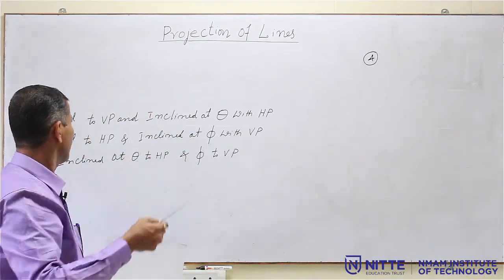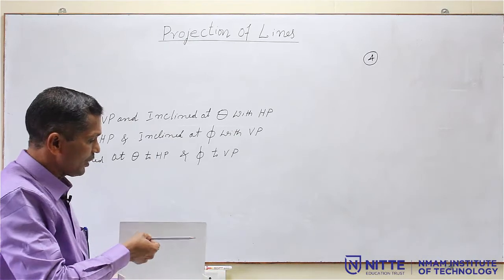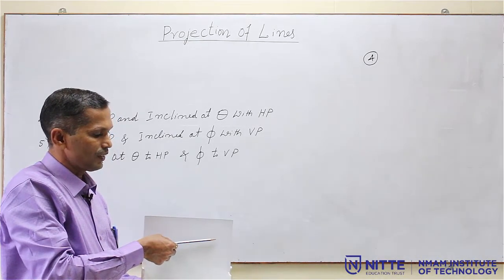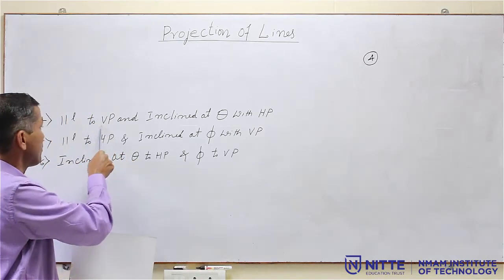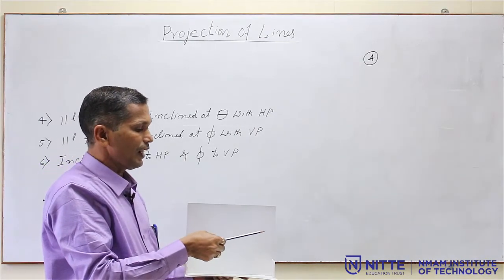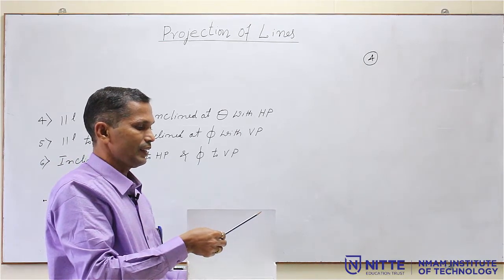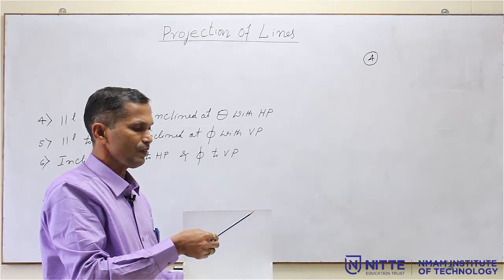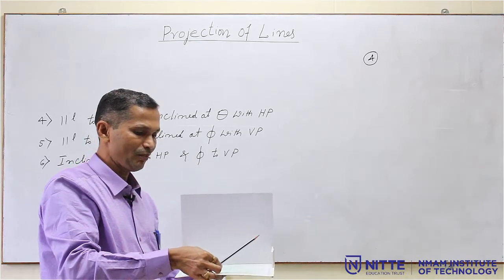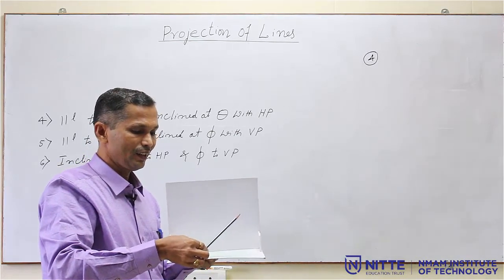Now, in the fourth condition, it is parallel to VP, but it is not parallel to HP. That means its true length is available only in VP, because it is parallel to VP and inclined to HP like this. This angle with respect to the horizontal plane is theta.